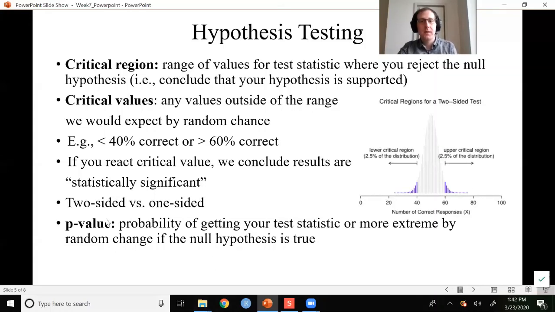And so this p-value is something that we're often looking for when we're doing hypothesis testing. If the alpha level is 0.05, we're looking to see if the p-value is less than 0.05. And if the p-value is less than 0.05, that is when we conclude that the difference is statistically significant.